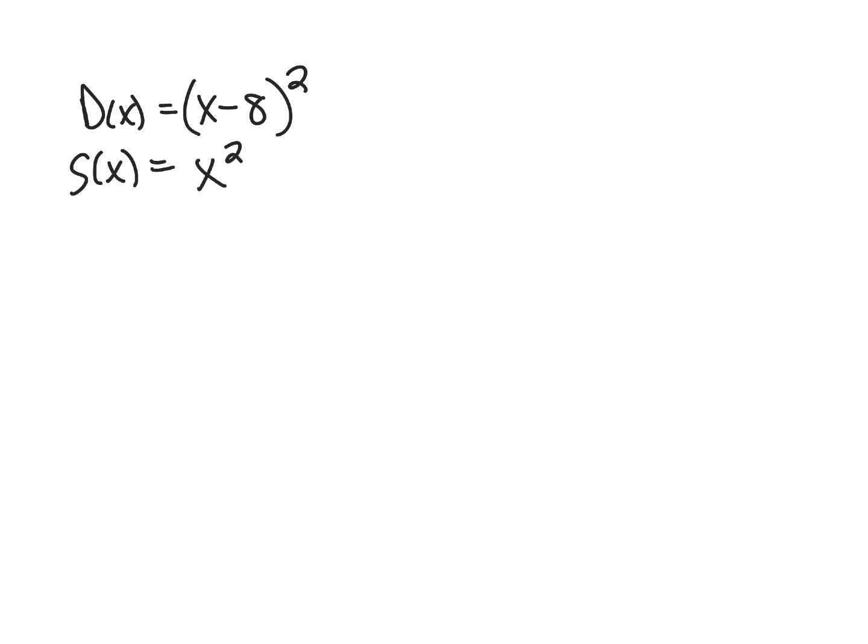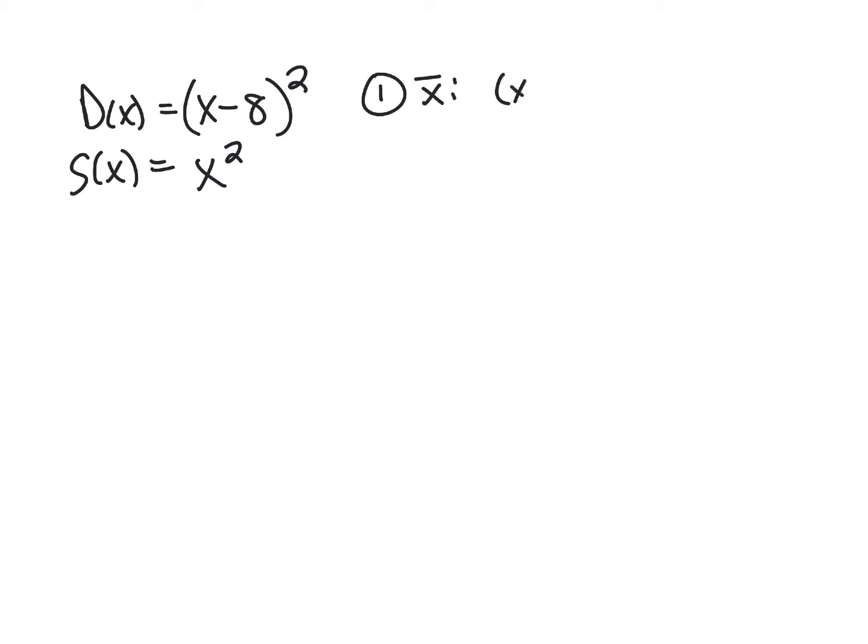Okay, let's try one. Let's say that we have a demand function that is (x minus 8) quantity squared, and a supply curve that is x squared. So step number 1 is to find x bar.